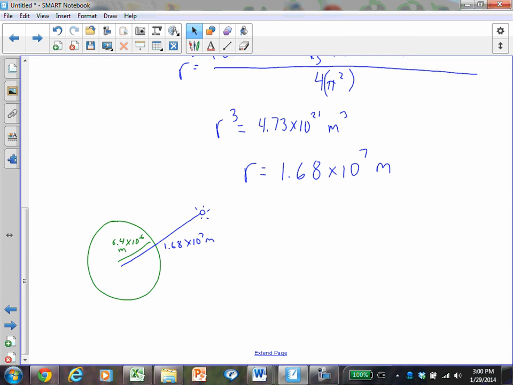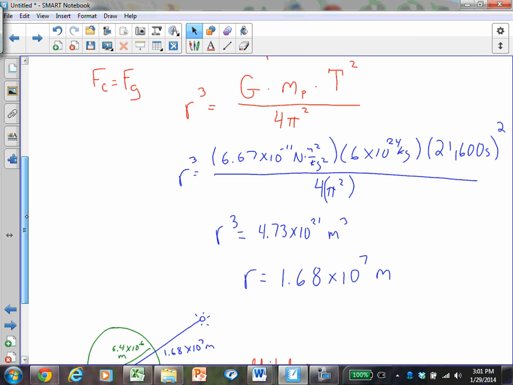So the altitude, what? You probably divide by 4. Only the pi is squared, not the 4.